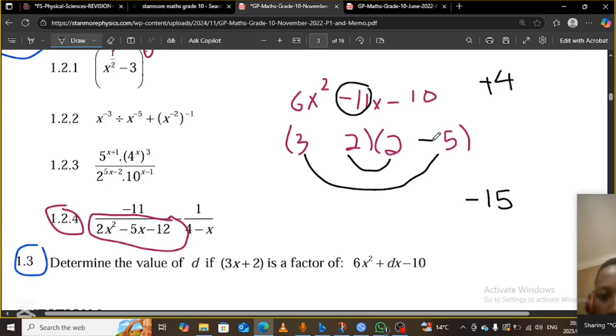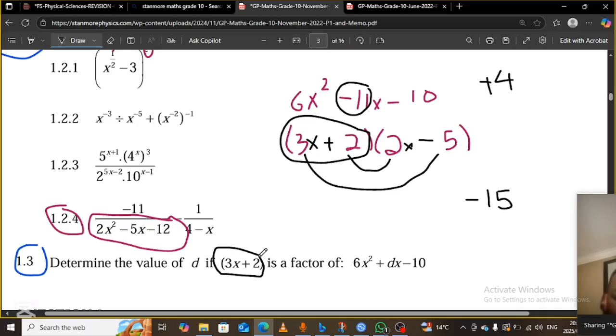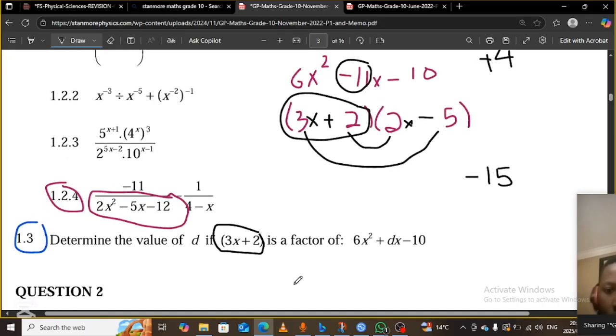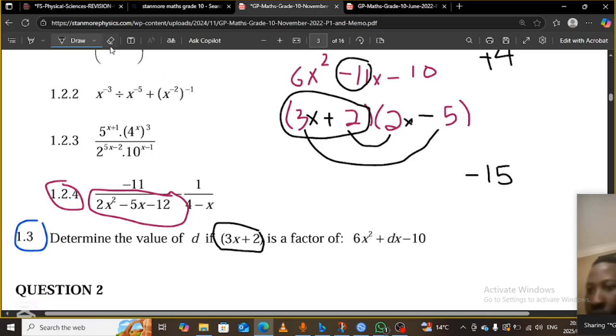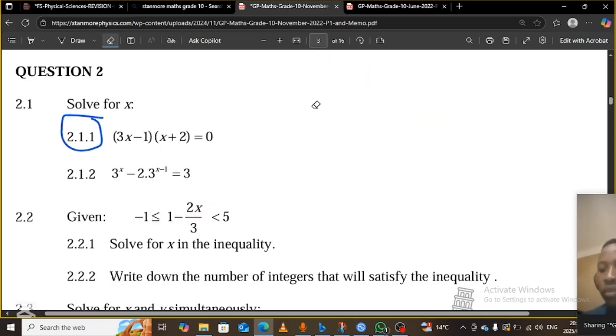We put our x here, and the other x here. And we can see that this is actually the factor. So your answer is correct. D is actually 11. You nailed it, man. You killed it.